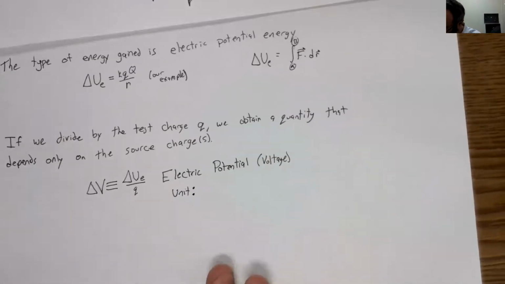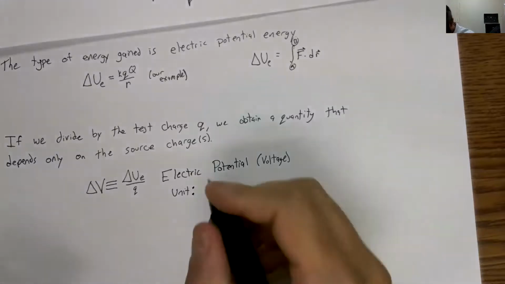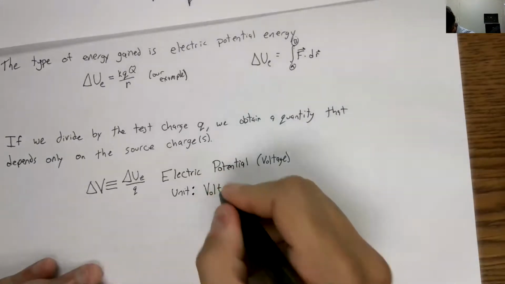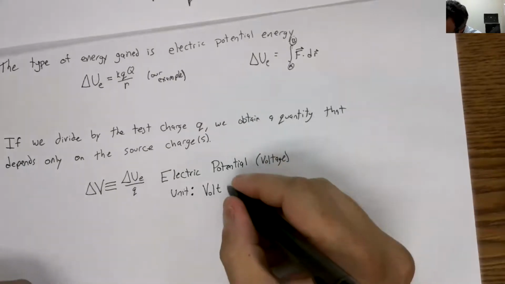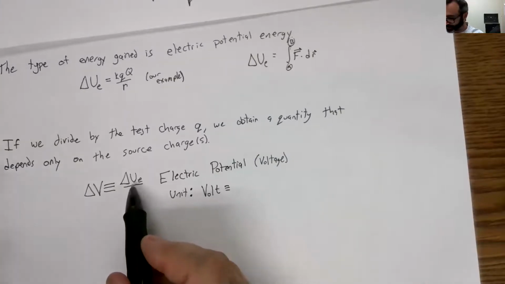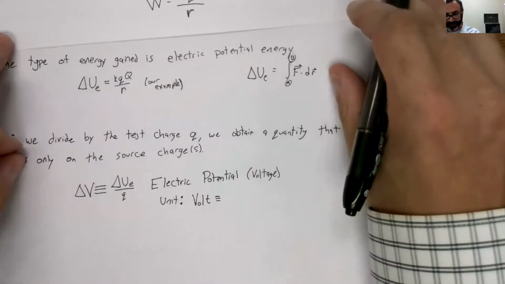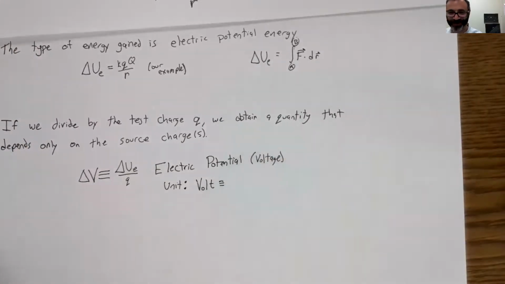And the unit for that, easy question, what's the unit of voltage? Volts. And you can tell that we define a volt here as, well, what's the unit for energy or potential energy or any kind of energy? Newton meters, right?